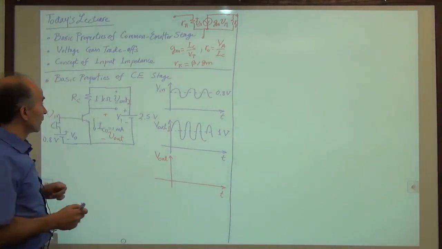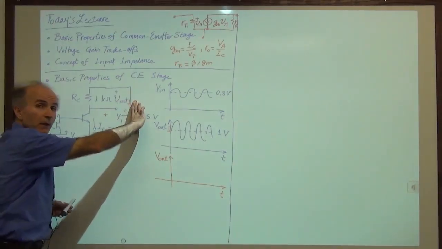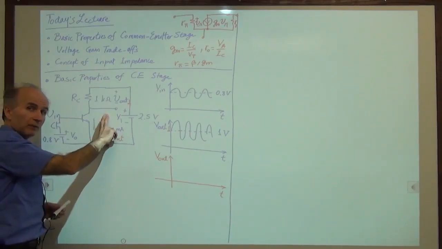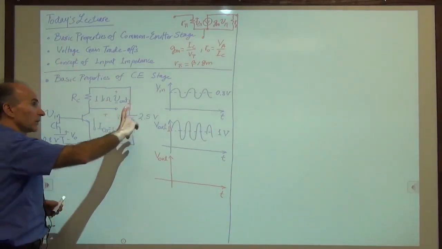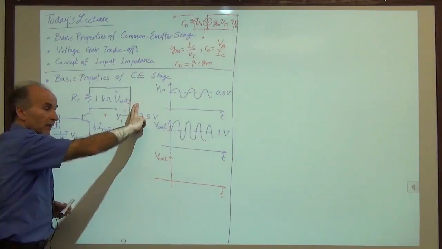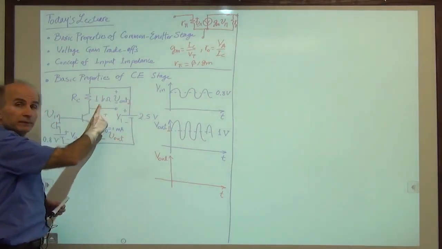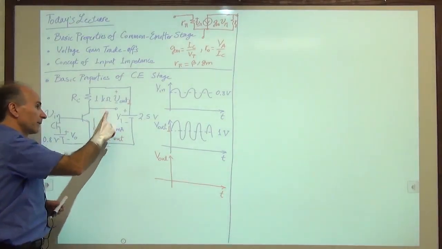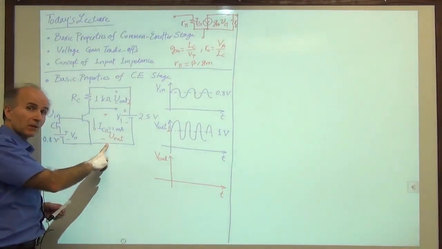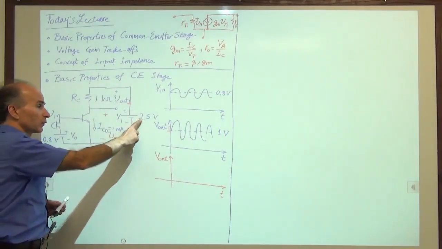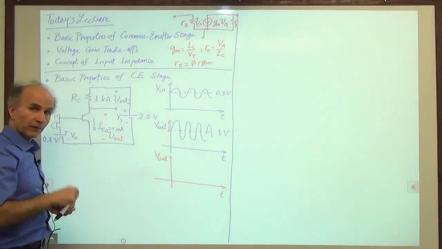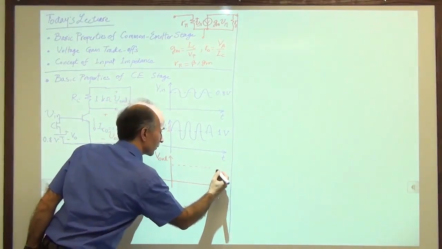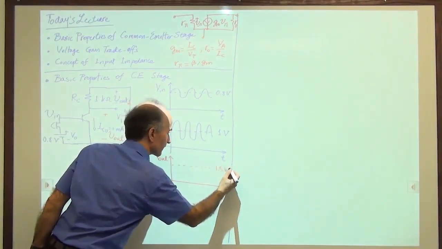KVL is our friend. We say this voltage must be equal to this voltage plus this voltage. And it is this one that I'm looking for. So this voltage is equal to this voltage, 2.5 volts, minus this voltage, which is 1 volt, 1 milliamp through 1K. So the voltage from here to here, in the absence of a signal, is equal to 2.5 minus 1, 1.5 volts. So this voltage will be 1.5 volts.